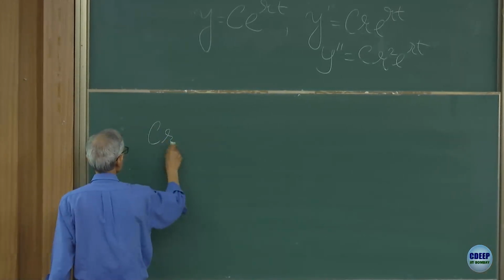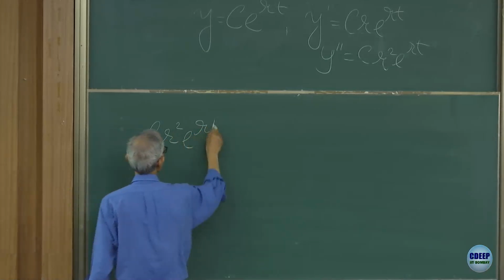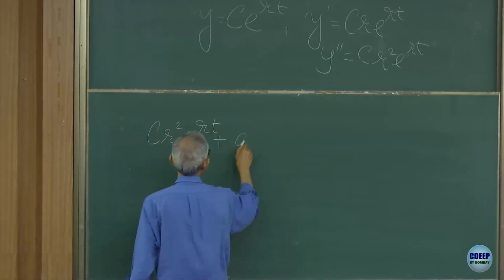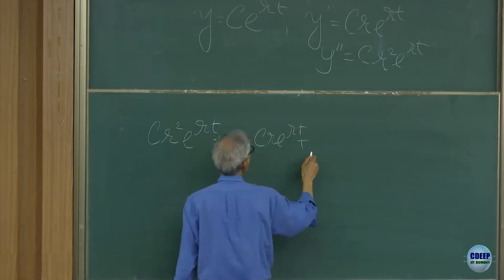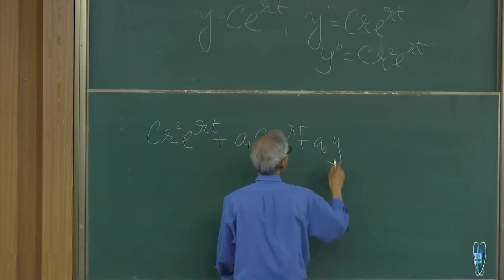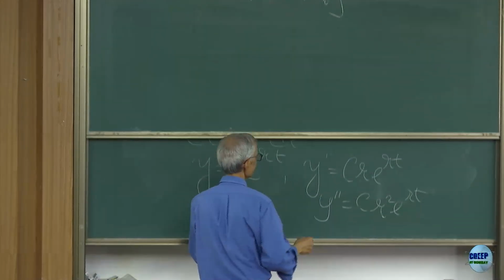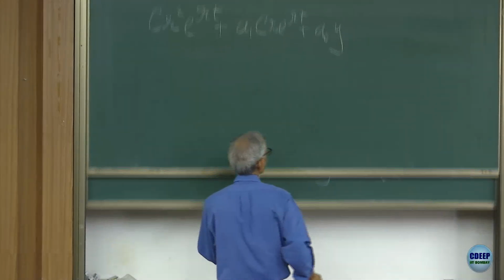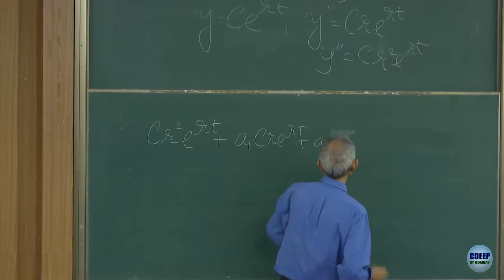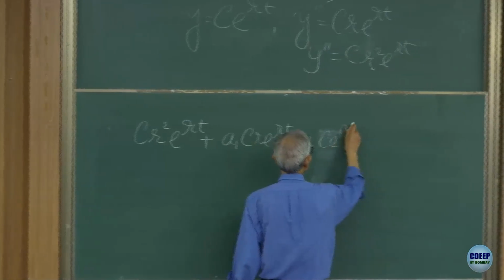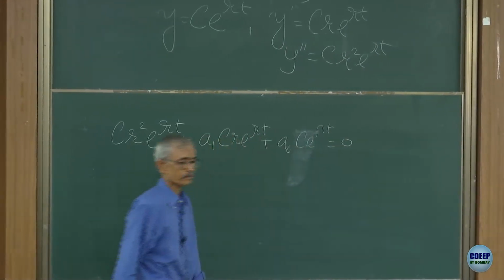So you have got c r square e to the rt plus a1 c r e to the rt plus a naught y, there is a y in here, which is c e to the rt, equal to 0.